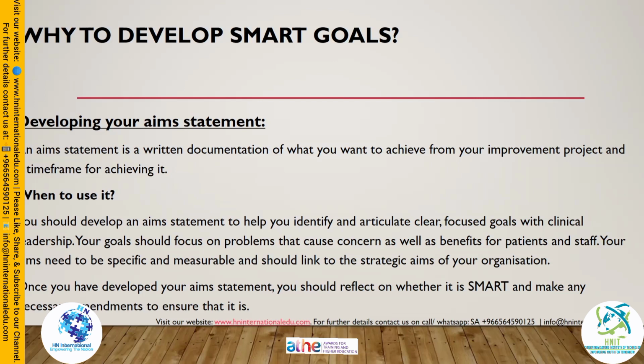Once you have developed your aim statement, you should reflect on whether it is SMART or whether amendments are necessary to ensure that it is. I will give an example. If you are working in a managerial company, the boss gives you some task and you should identify that if you accomplish this task, you will be able to get a better incentive.